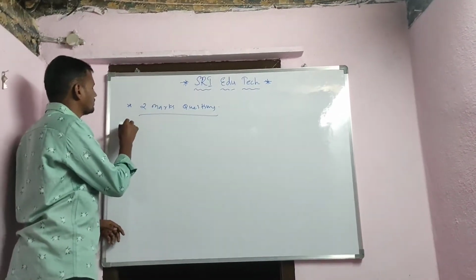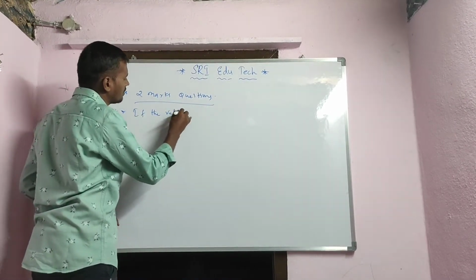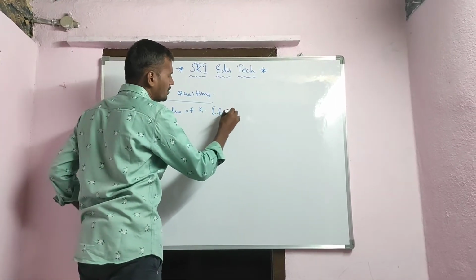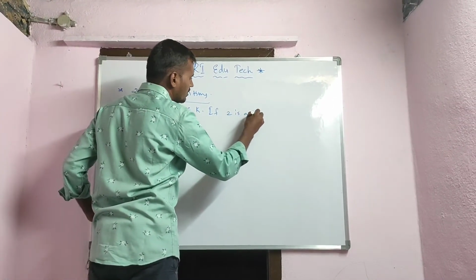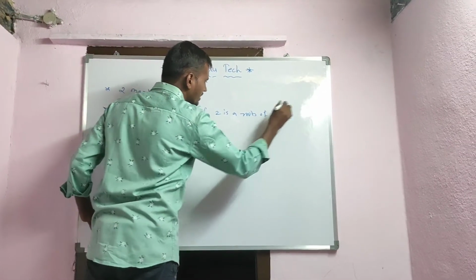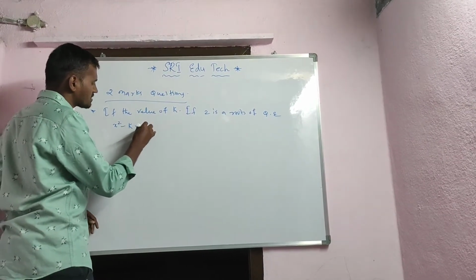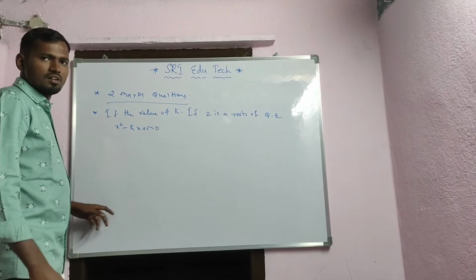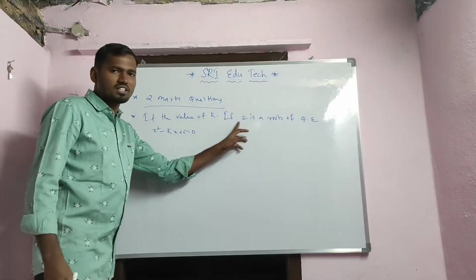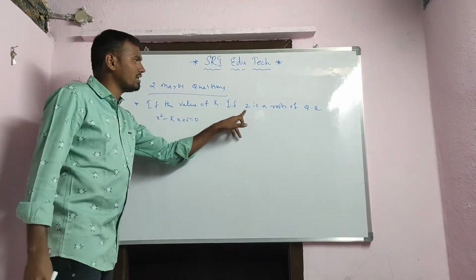Next, the 2 marks question. Find the value of k if 2 is a root of the quadratic equation x square minus kx plus 6 is equal to 0. One root is given, that is 2. In place of x, you have to substitute the value 2.